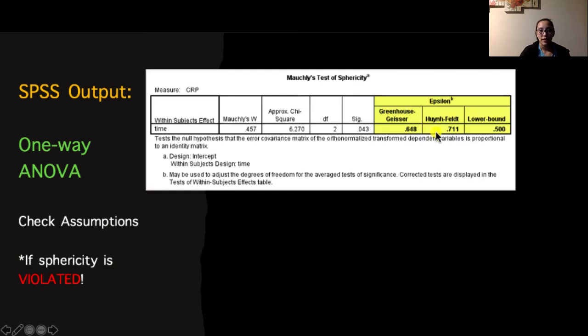I have this highlighted over here. Again, I put a note down here: you only look at this part if sphericity is violated. If we don't violate sphericity, everything is good, we can go straight to the ANOVA table. But in this epsilon area of our table, we're going to draw our attention to the Greenhouse-Geisser epsilon value, which we can see is 0.648.